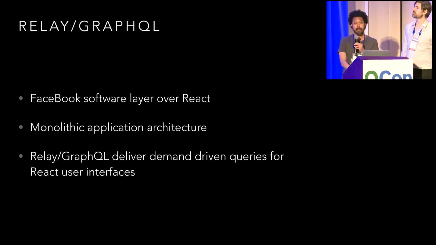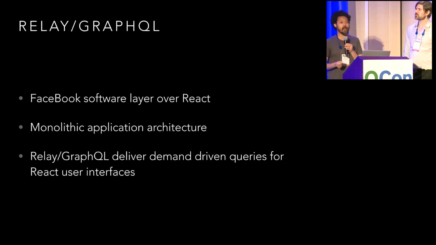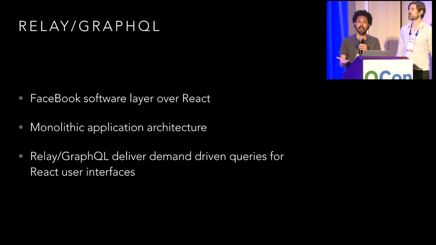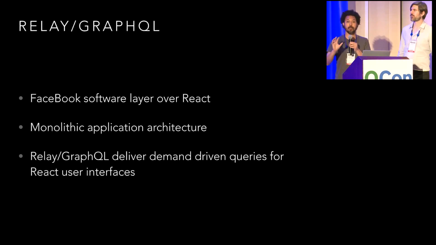Relay GraphQL. So again, this is not just Datomic. Facebook has a new thing for React called Relay GraphQL. The exact same concept. You have a composable query syntax. It's a layer over React. What's interesting about Relay and GraphQL is that they have arisen out of Facebook's fundamentally monolithic architecture, right?